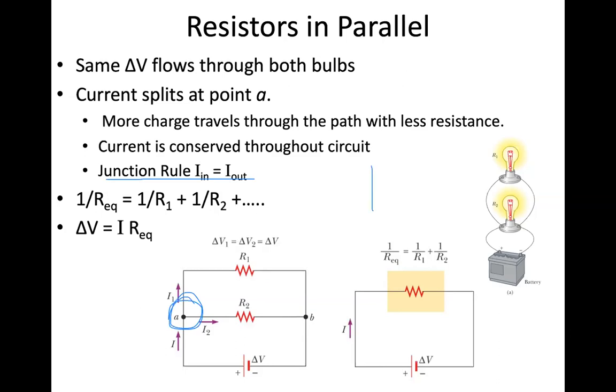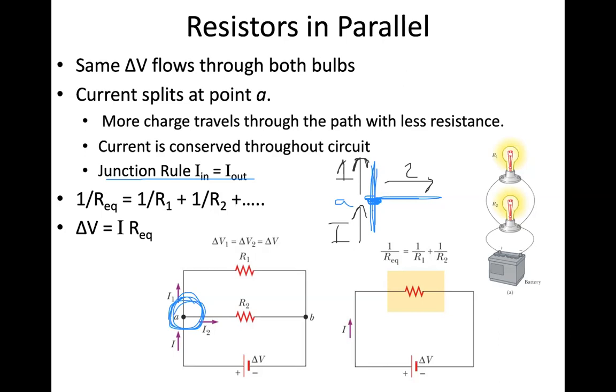So if I look at this junction A here, this is point A, what I have is current 2 flowing to the right in this middle branch out of that junction. Current 1 flowing up this way out of that junction. But the full current, the total current before the split, which we just call I, is flowing into the junction, right?